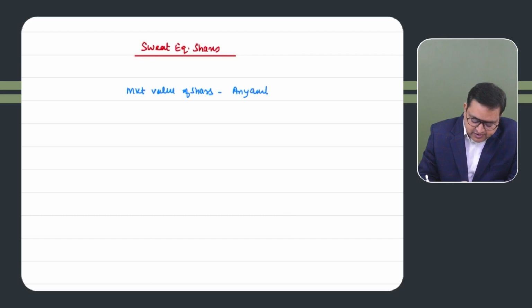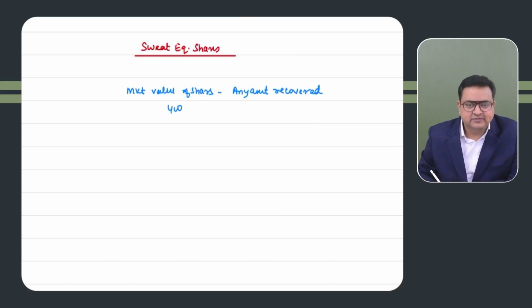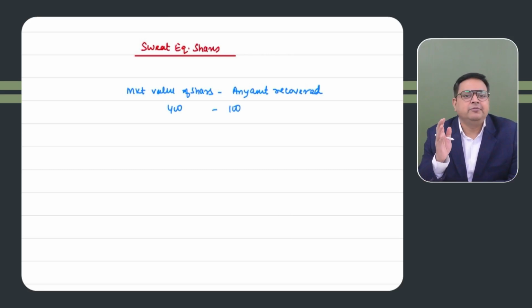Let's say you are working with Wipro, and the market value of the share is 400 rupees, and the company says, okay, you can take these shares for rupees 100 each. So 300 rupees into the number of shares would be the value of the perquisite, right?